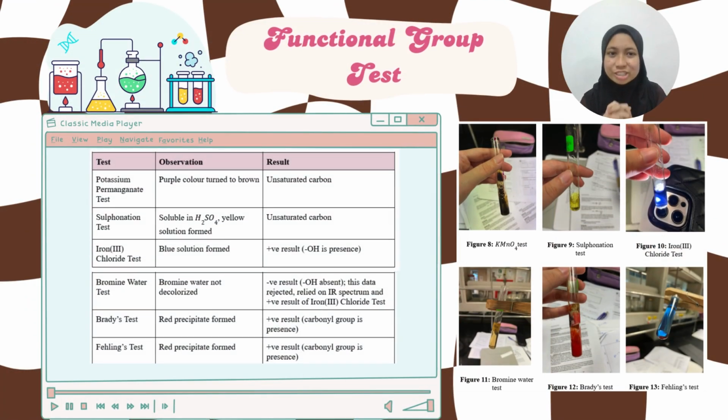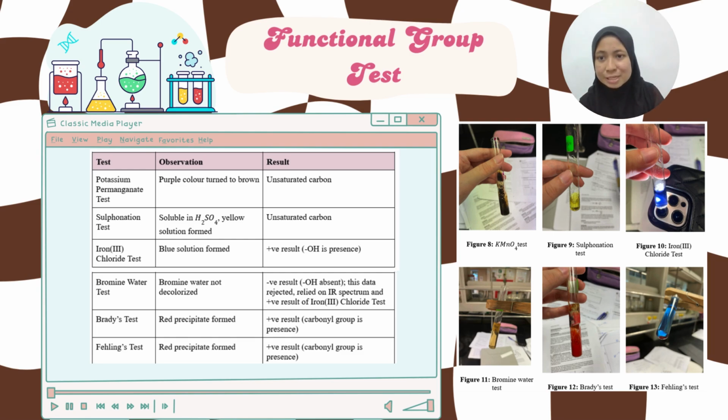Next, we go to the functional group tests, which are also crucial for pinpointing the chemical characteristics of a compound. For the neutral compound, first of all, we perform the potassium permanganate test. What we observe is the purple color turning to brown, which indicates that our compound has unsaturated carbon.